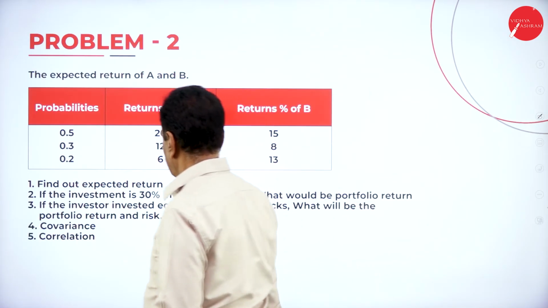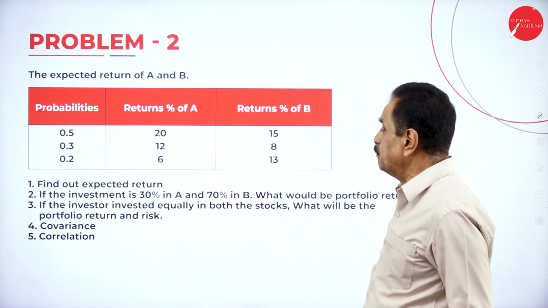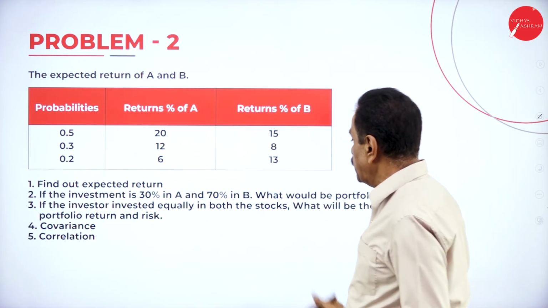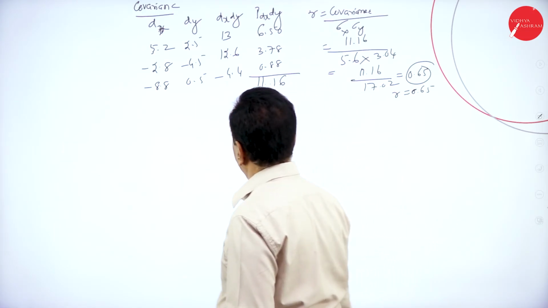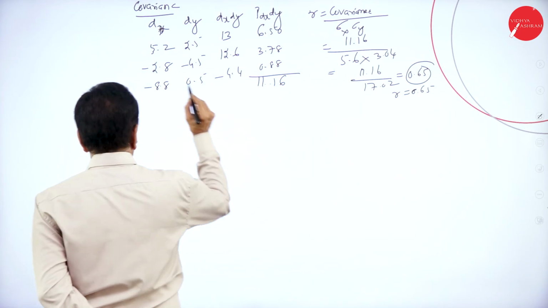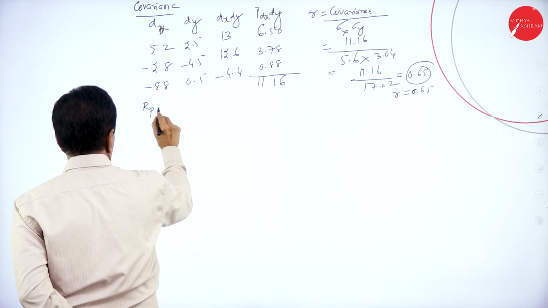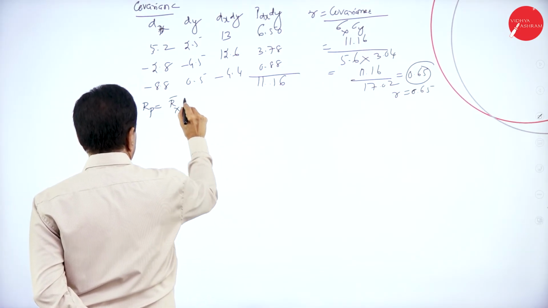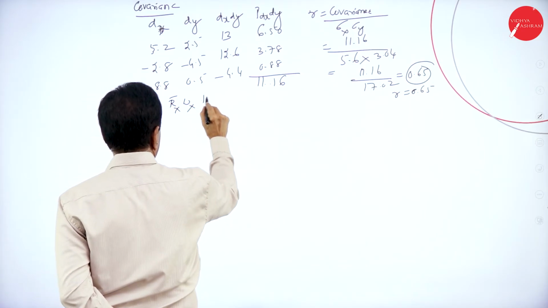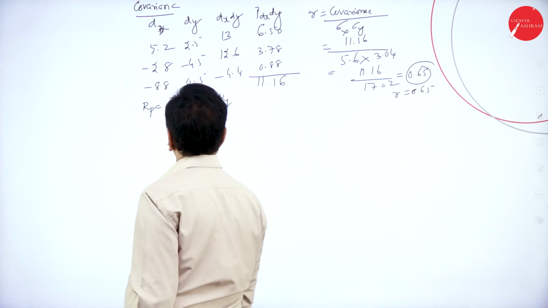Come back here. If the investment is 30% in A and 70% in B, what would have been the portfolio return? This is the return on portfolio: R mean of X, WX, plus R mean of Y, WY.